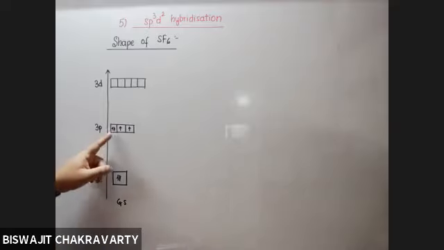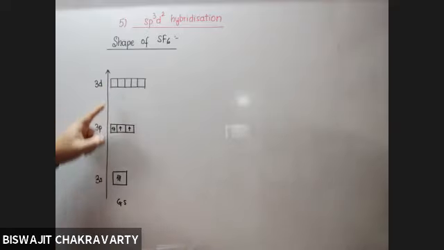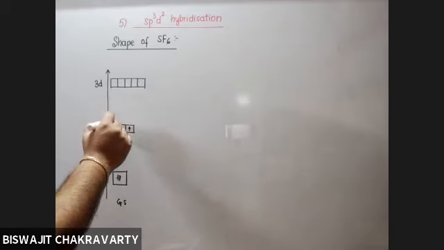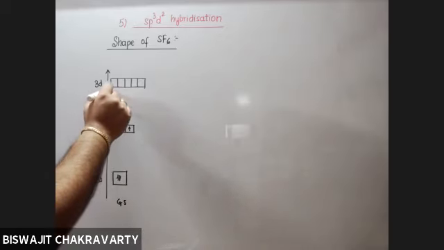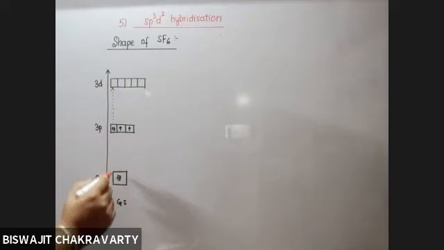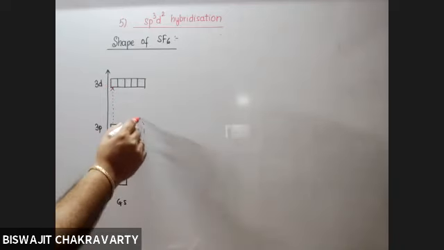So if you excite one of the electrons, then you are going to get only 4 unpaired electrons, which is not sufficient. Therefore, there will be double excitation, 1 electron from this and 1 electron from this.